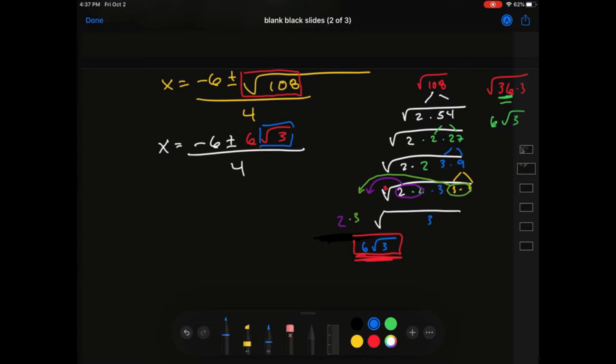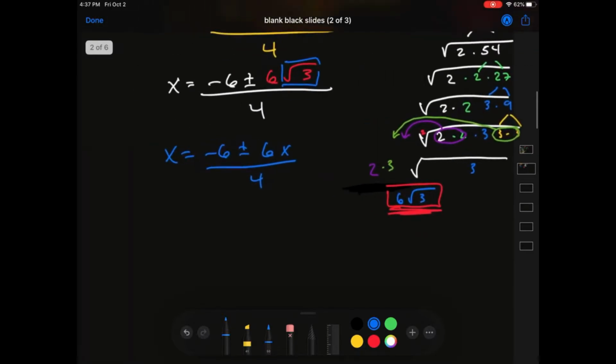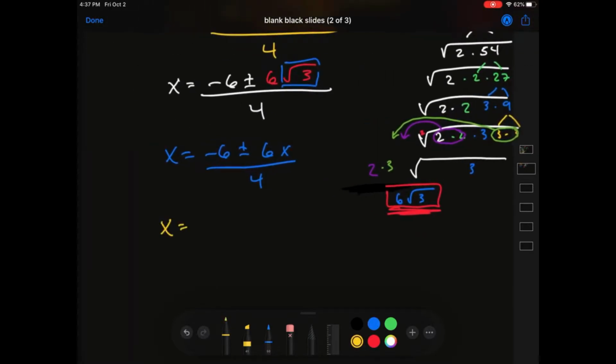So think of it as an x. So you can have something like this: negative 6 plus or minus 6x over 4. And if you take out an even 2, you get 2 times negative 3 plus or minus, remember it's like distributing to get the number above, right? This would be a 3. And then instead of having x here, I have radical 3, right?